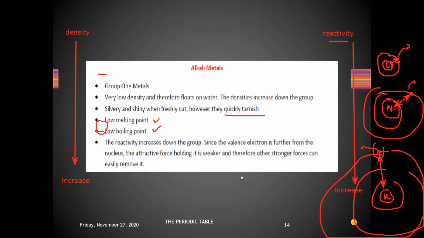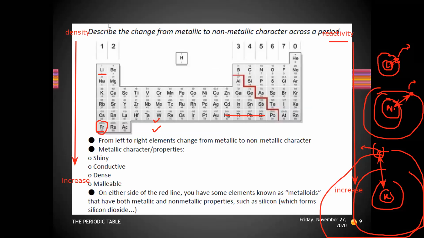Sir, you said that the densities are low in the alkali metals. So even francium, does it float on water? Density is low, and as we go down the group, the density is increasing. The first 3 elements have a density lower than water, so they float on the surface of the water.